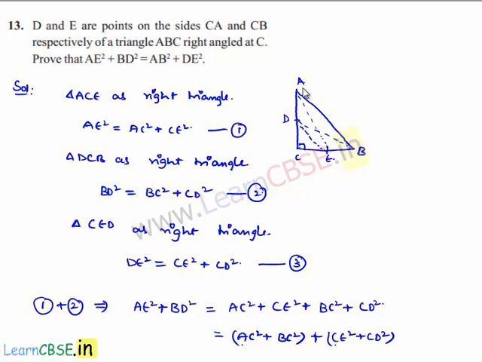Now if we consider triangle ACB, it is also a right angle triangle. Therefore by applying the Pythagoras theorem we get AC square plus BC square is equal to hypotenuse square, that is AB square. And CE square plus CD square is equal to DE square from equation number 3.